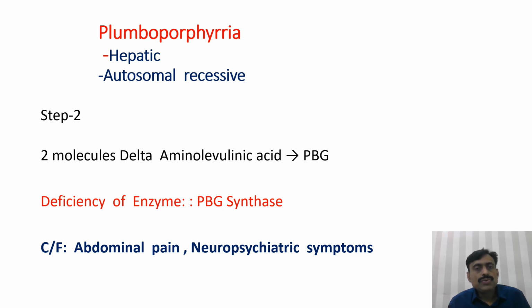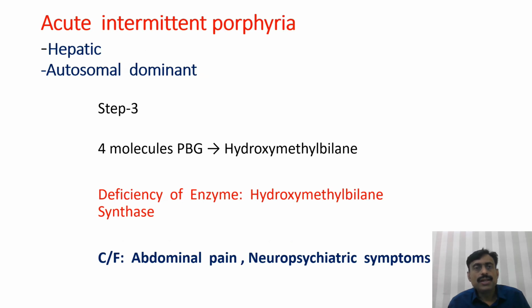Two molecules of delta aminolevulinic acid in the presence of PBG synthase form PBG, porphobilinogen. If PBG synthase is deficient, delta aminolevulinic acid cannot be converted into PBG. This leads to plumboporphyria, a hepatic and autosomal recessive porphyria. The clinical features are abdominal pain and neuropsychiatric illness.